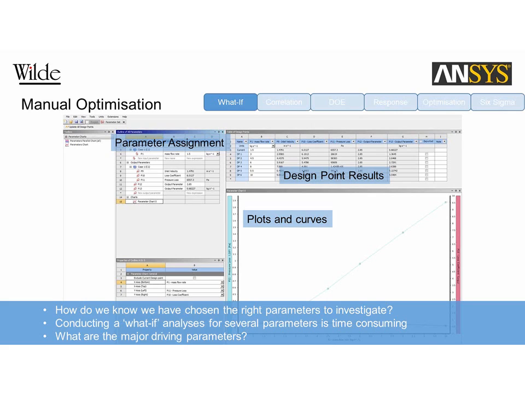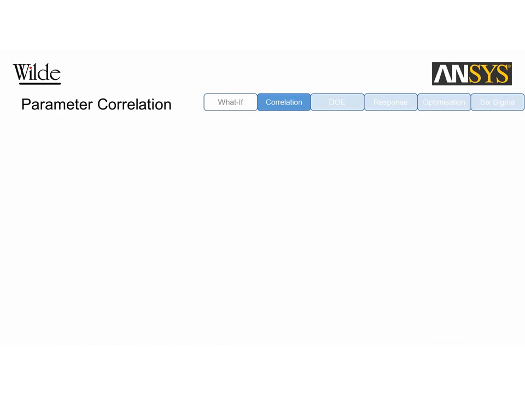If you start adding up all the parameters that really matter, the design exploration based on what-if analysis is going to take a long time, and it's not really clear how one parameter is affecting another and where the trade-off should be. Also, there's no way right now of knowing what the major driving parameters are, what's really influencing the design or the outputs. This is where we move on to parameter correlation.